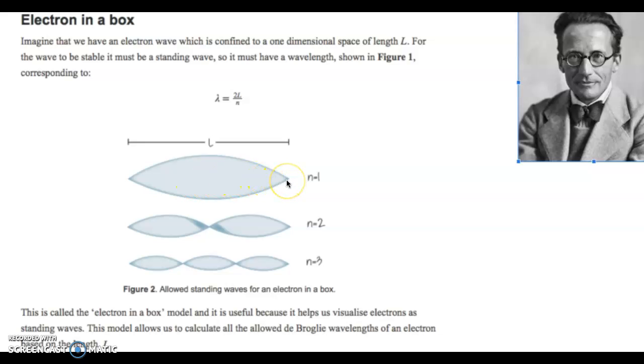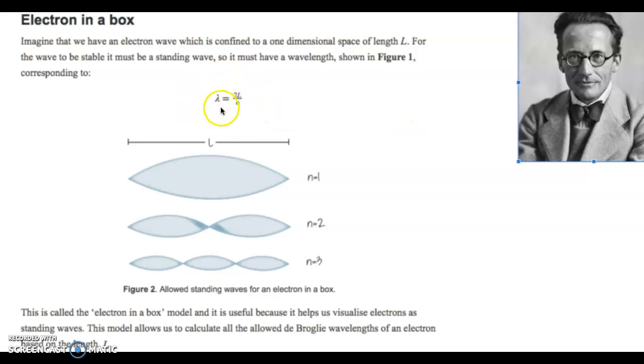Now, the general equation for this standing wave is the wavelength would be equal to twice the length divided by the number of the harmonic. And you can see that applies here, that the wavelength would be equal to 2L, so it would be this distance times 2 divided by 1, right?